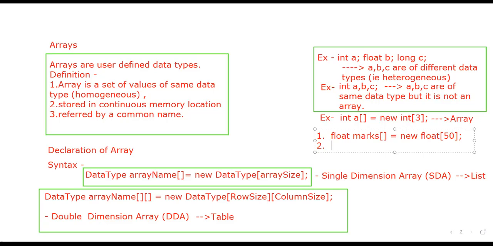There are 5 floors, which means 5 rows, and 6 flats in each row, so 6 will be the column. I want to declare an array for the flats as integer. How will I declare?